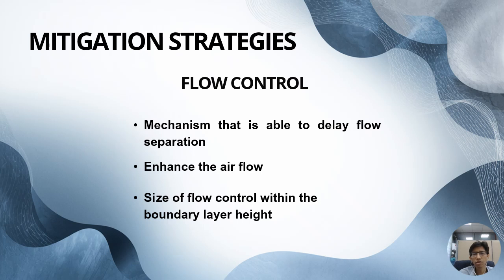What are the mitigation strategies? First is the implementation of flow control. Flow control is a mechanism that is able to delay the flow separation and increase the performance. It works by enhancing the airflow, and the size of flow control is normally within the boundary layer height.